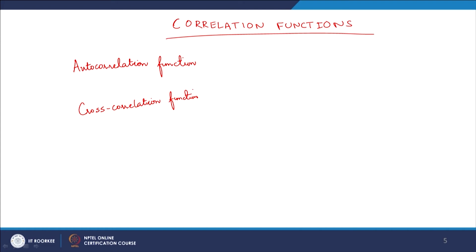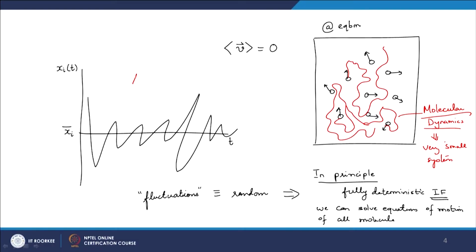And for both of these, it is preferable that instead of looking at the actual value of the property, we look at some sort of deviation from the mean value. Let us say the mean value we have already computed or we know from experiment. We take the deviation from the mean value, and this characterizes the amount of fluctuation at a given time.